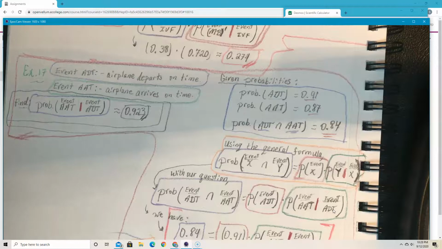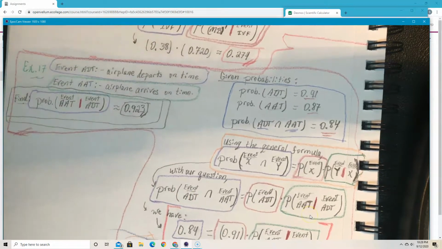But this time, they are not giving us these two probability values. They're giving us this one, yes, just like always, but they're giving us this one. And they're not giving us this one. That's all.